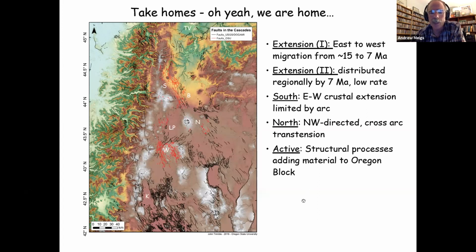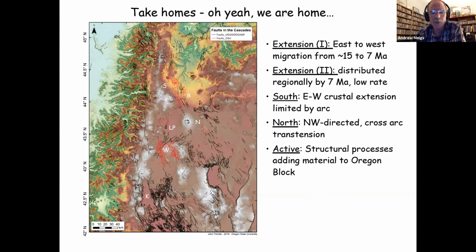But by the time we get to Newberry and north of there, there is northwest directed transtension as reflected by the Sisters Fault Zone that almost certainly is not limited by the arc, but in fact crosses the arc. And as a result of that pattern of deformation, there is an active addition of material to the edge of the Oregon block or the Siletz terrane that is occurring because the faulting is localized to the east of the volcanic arc.